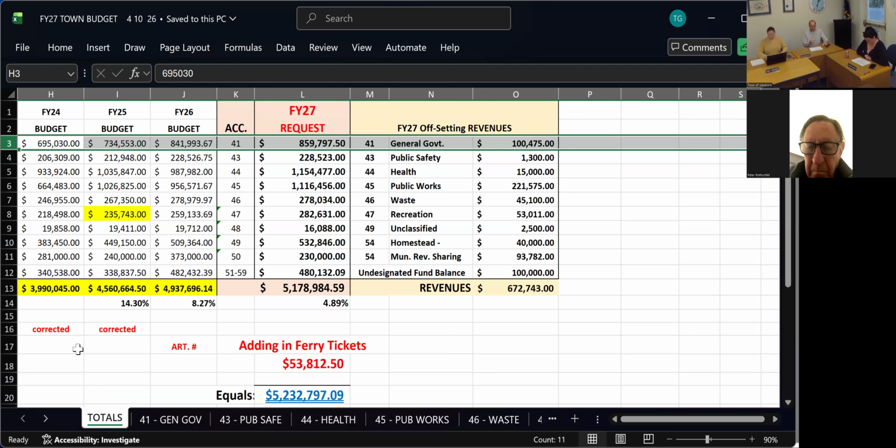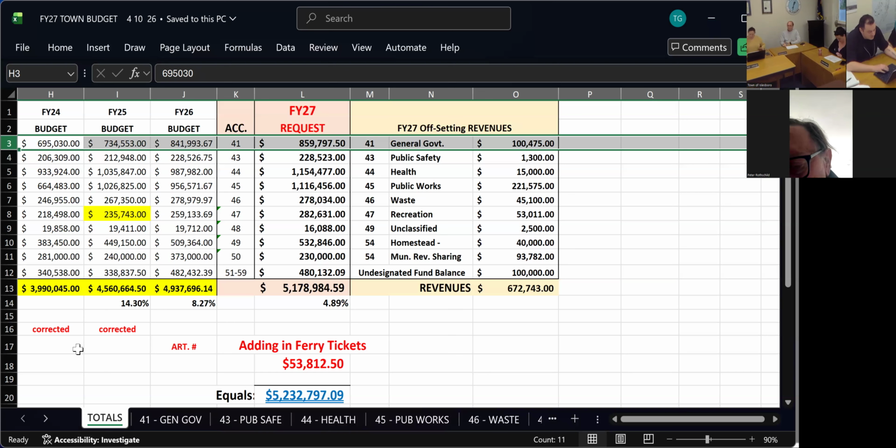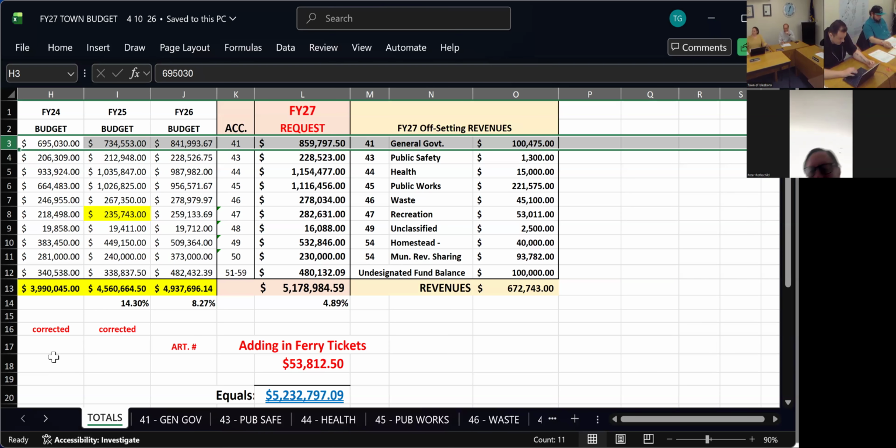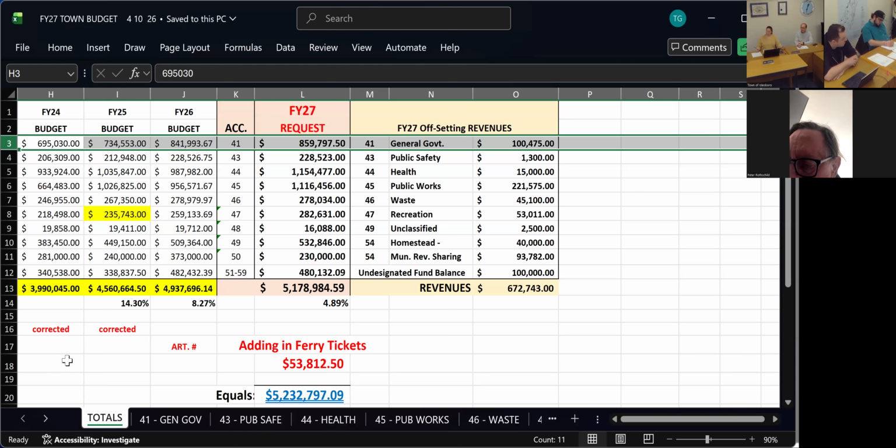No worries. Anyways, the other change I made, because when we found out that the spreadsheet itself was not updating correctly and we hadn't actually met our target goal of being under 5% after the last meeting, after I got everything adding correctly, I just removed the $100,000 for capital reserve for the roads.